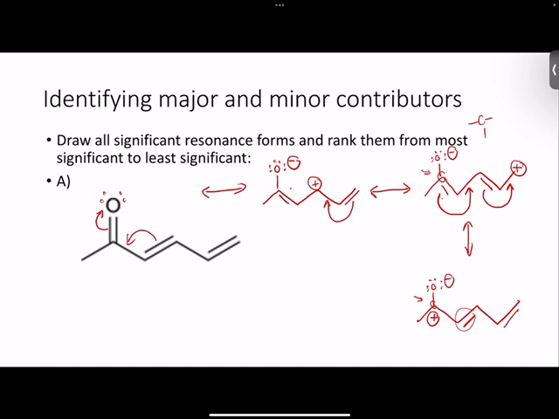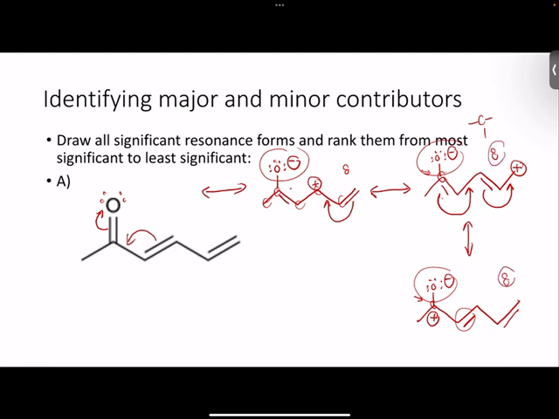So then if we look at all these structures, for example, we have an oxygen with a negative, right? We have the same amount of bonds. We have 1, 2, 3, 4, 5, 6, 7, 8. This one has 8, and so do the others.